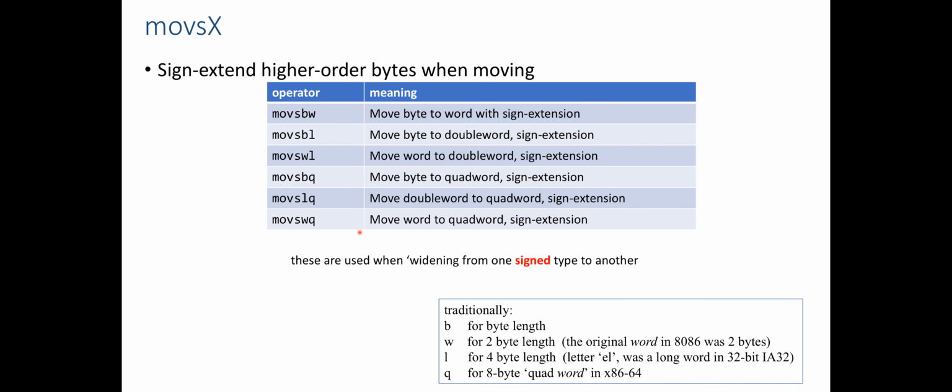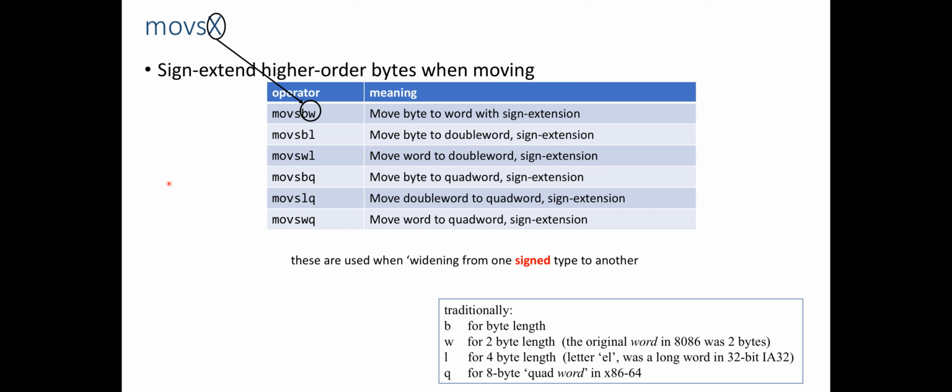Now, we also have signed values, of course, and so there's a second instruction, movs, and it too has these letters after it that show what sort of a move is being done: from a single byte to a word, a byte to a long word or double word, which is our 4 bytes, and then also moving bytes and longs and words into quad words.